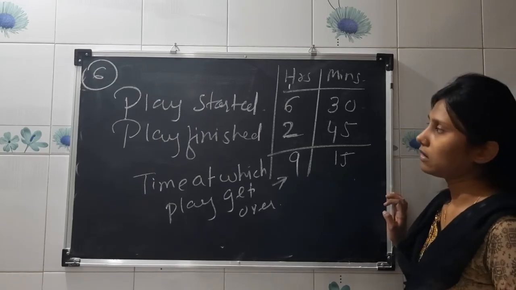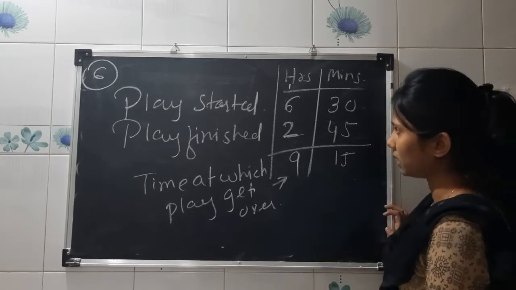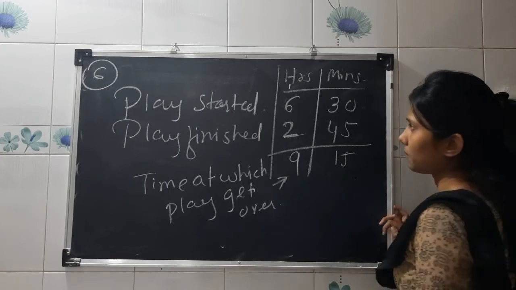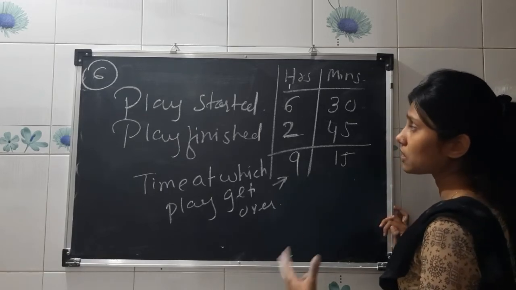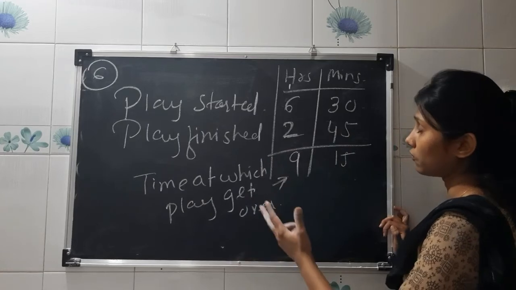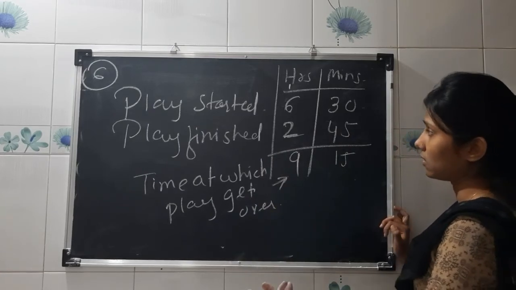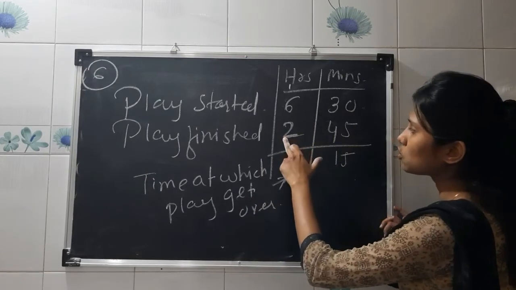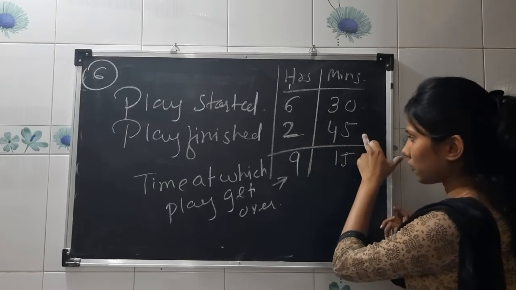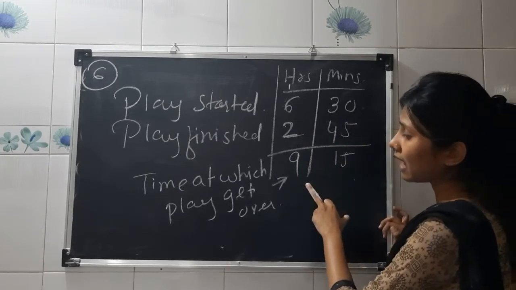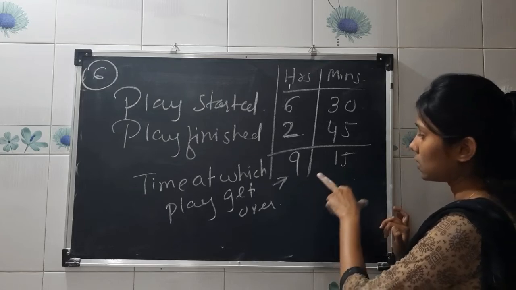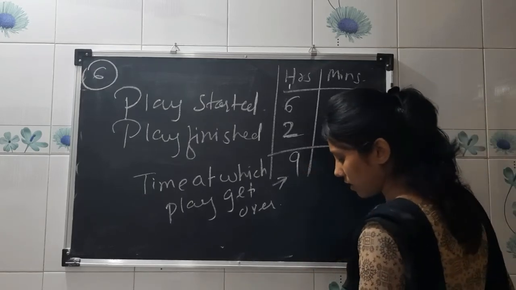So 3/4 is a time of 45 minutes. Understood? The play finished 2 hours and 45 minutes later, so the duration of the play is 2 hours 45 minutes. We have to find out the time at which the play got over, so we have to add this.